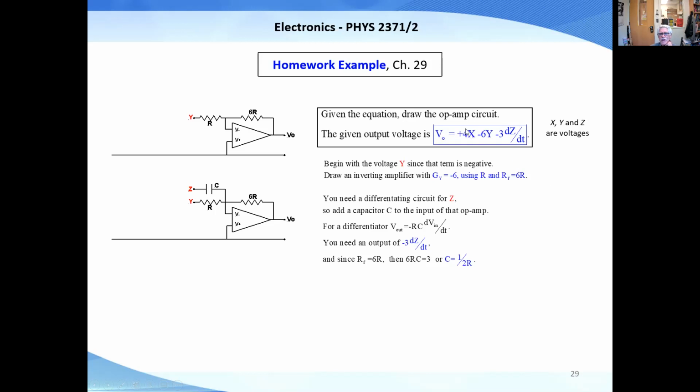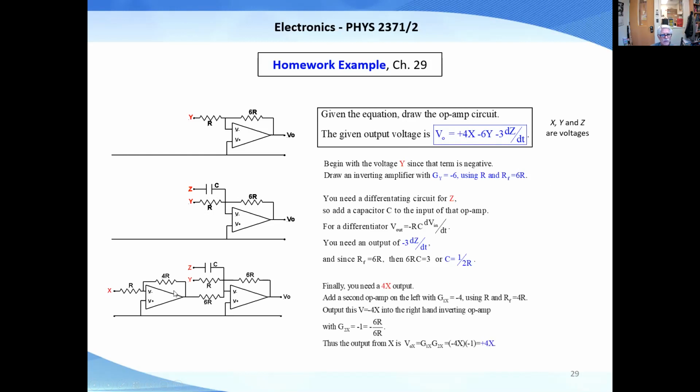Okay, finally, when you have a positive here, unless you want to put some input on the positive one, which, let's not do that, we're going to need a second op amp because each one's going to give you negative. So we're going to have one here, X, and 4R over R is going to give you a voltage out here that's X times minus 4R over R, or minus 4X.